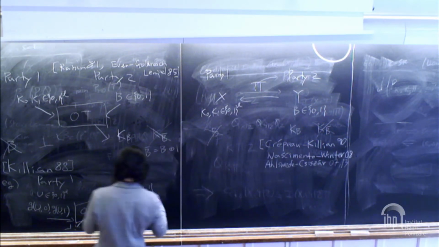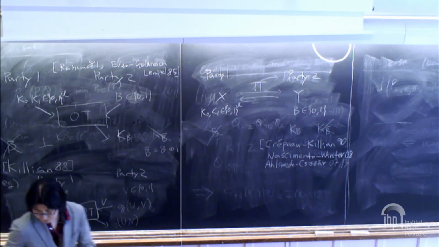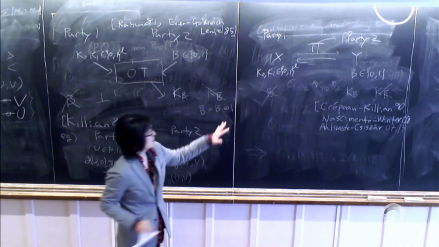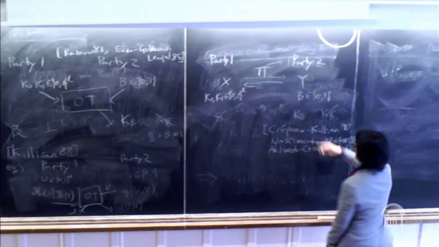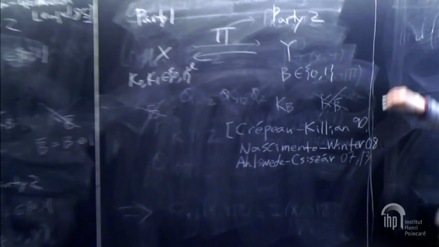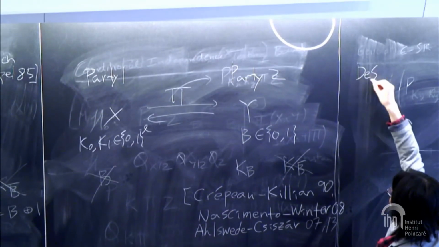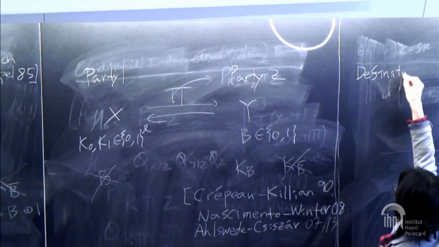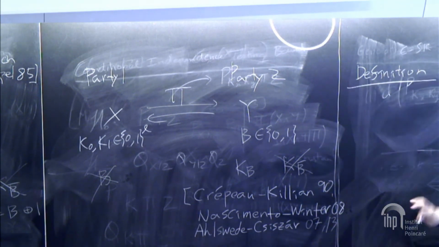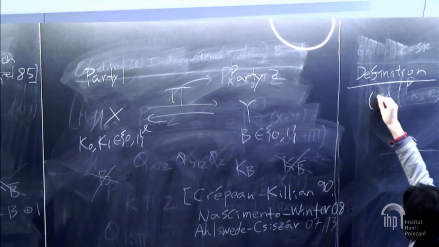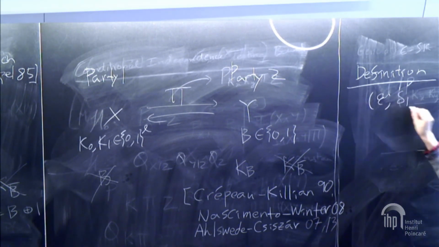Okay, so this is oblivious transfer from a correlated source, and I'd like to give a formal definition of this problem. So how do we define it? We have three parameters: epsilon, delta 1, and delta 2.